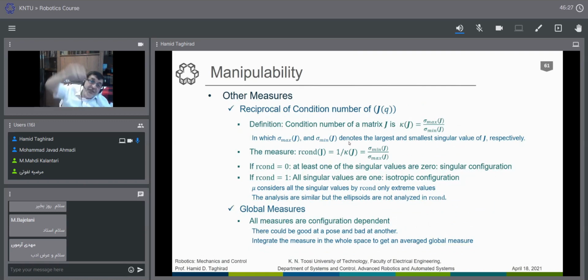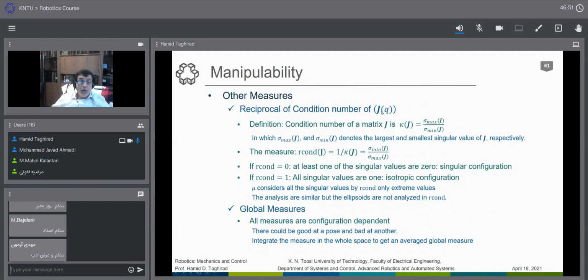As you see, when you extend your hand and you want to open the curtain, it is very hard. This has a bad condition number when we have the fully extended case, but when you are writing something or painting, you have a very good condition number. We are getting close to isotropy. So these are local measures.